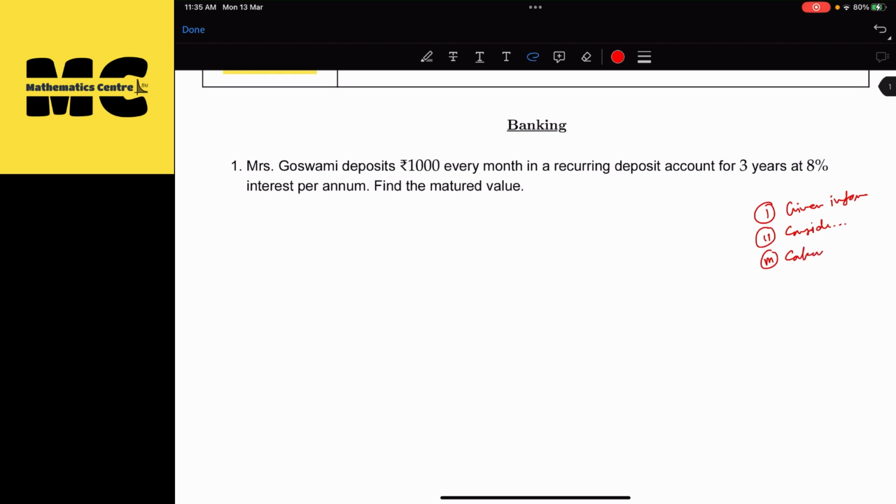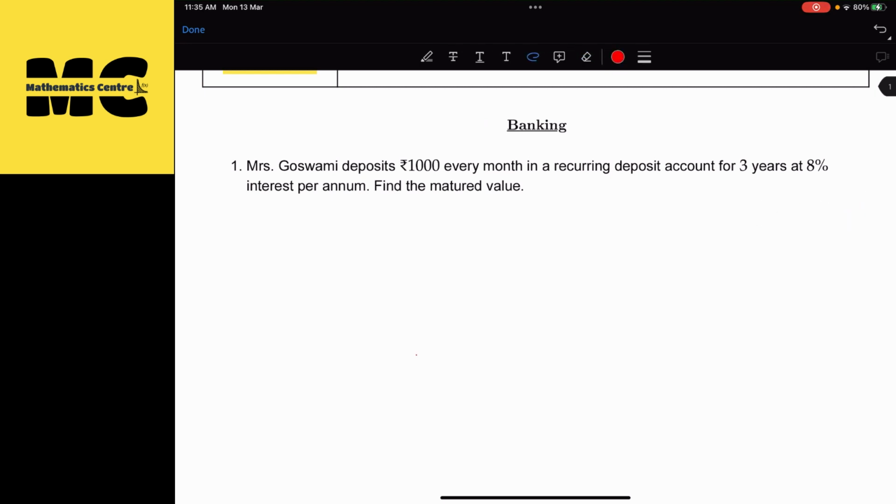So in these 3 steps, any mathematics problem can be solved. What is the given information? Given information means what is given in the problem. The consideration is what we have considered as x, or what is unknown to us, so we consider this value as x or this value as y, and then we have to do the calculation. So here we will also do the same thing: given information, consideration and calculation.